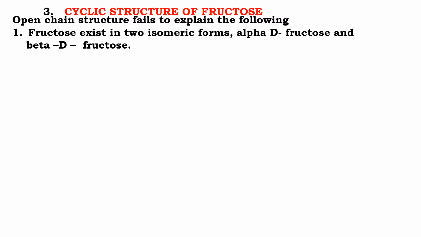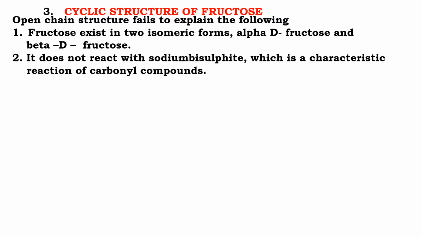And we know fructose exists in two isomeric forms, alpha and beta. That means fructose exists as alpha D fructose and beta D fructose. So, the open chain structure was not able to explain why there is alpha D fructose or beta D fructose.